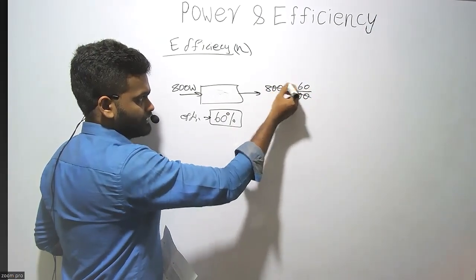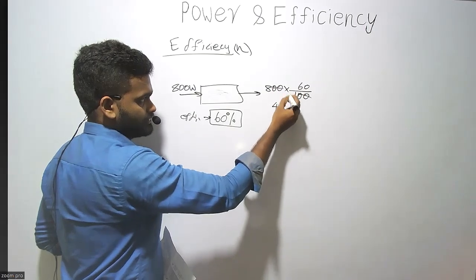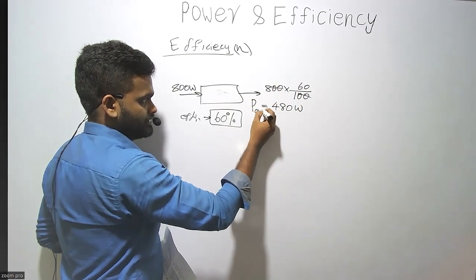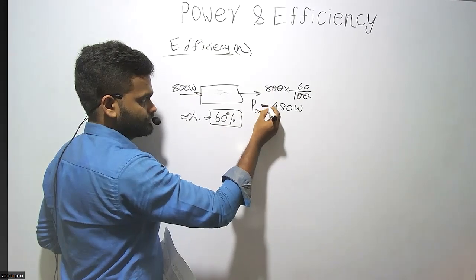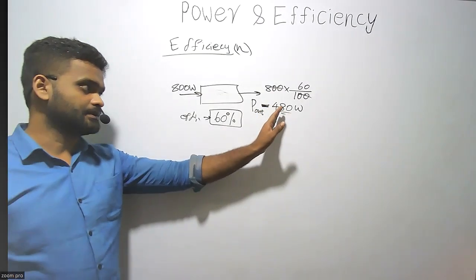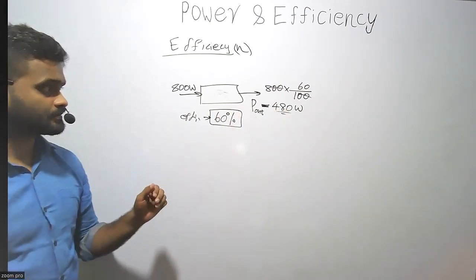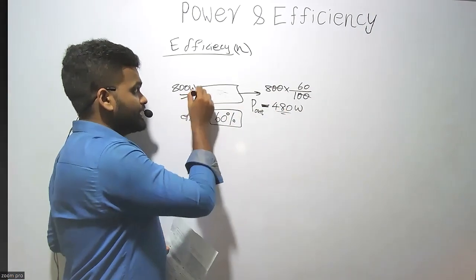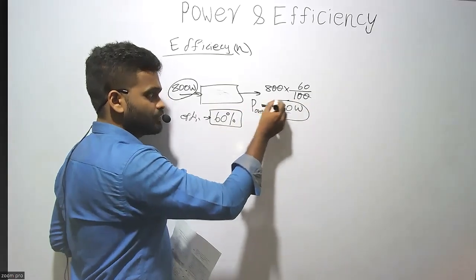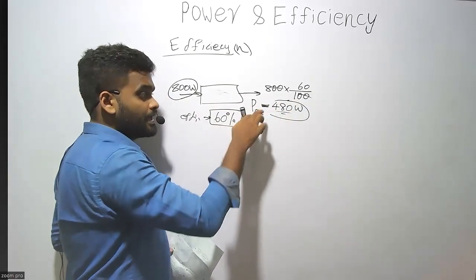This cancels off: 8 times 6, 48, and 0. So this is the output, that is 480 watts. So you provide 800 watt, but the output is only 480.